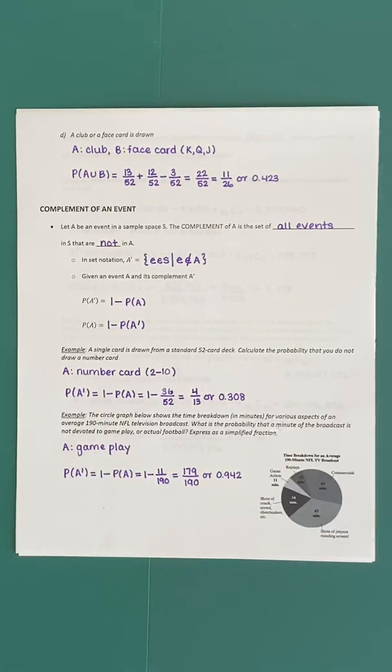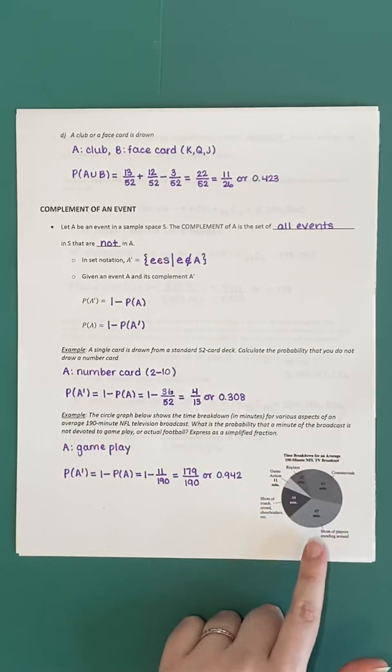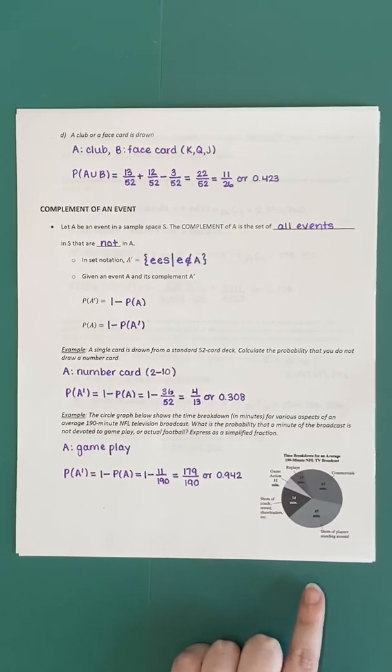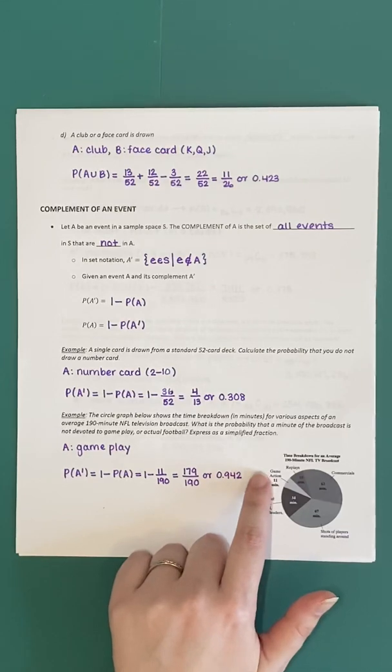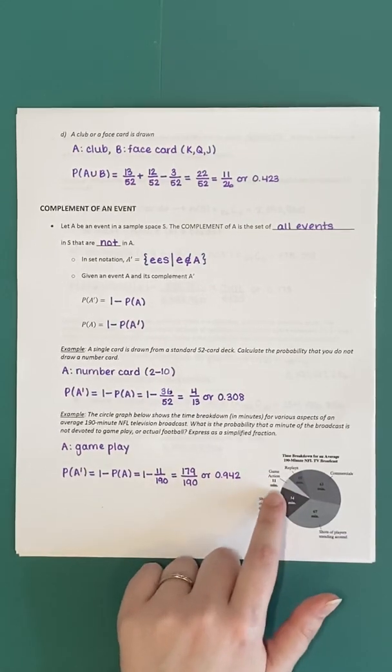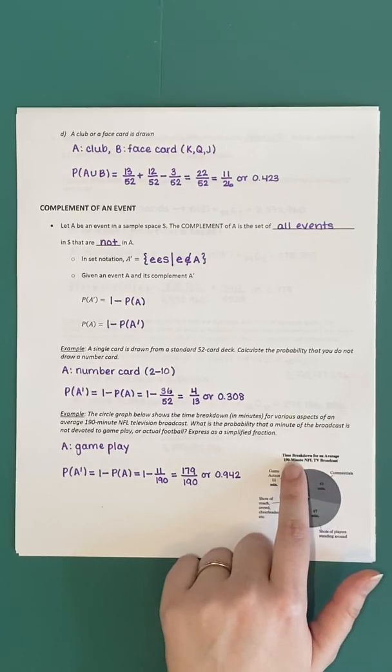Okay, so again, the event is you pick a minute that's devoted to gameplay. What sort of other things happen? Well, remember there's commercials, and then there's a lot of just standing around, honestly. They have tons of shots of just people standing around, shots of the crowds, things like this. This particular pie chart has broken it down for you based on this particular data. So notice the only wedge representative of actual gameplay that's being broadcast represents 11 minutes out of 190.